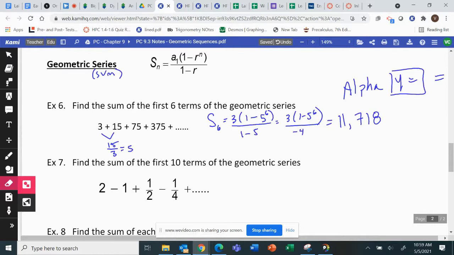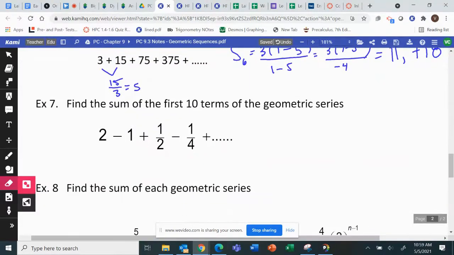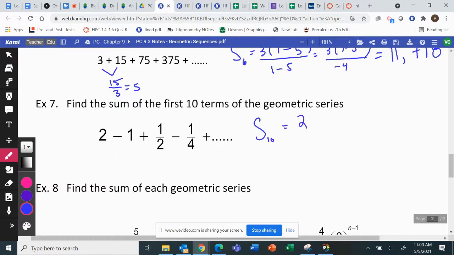Okay, example 7, find the sum of the first 10 terms of the geometric series. The sum of the first 10 terms. So the first term is 2. We're going to multiply that by 1 minus something to the 10th, since we're doing 10 terms.